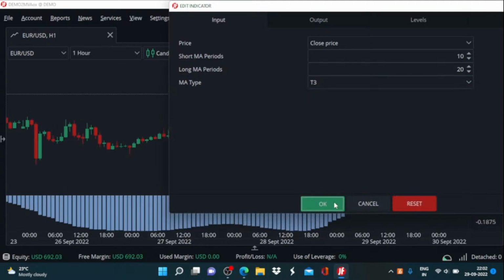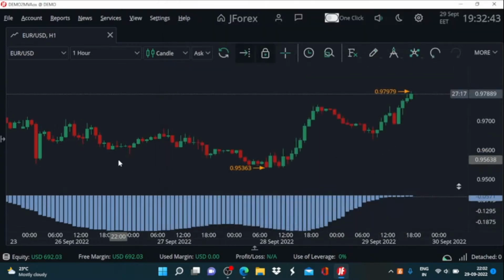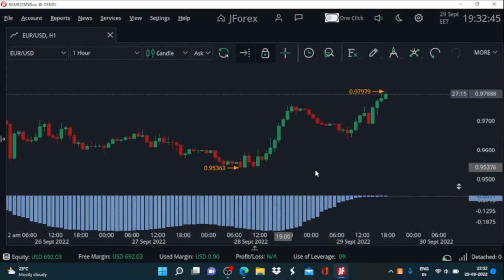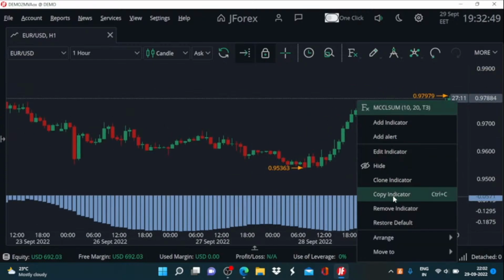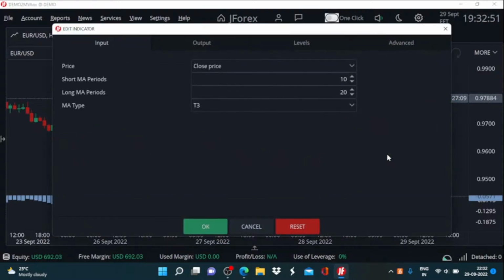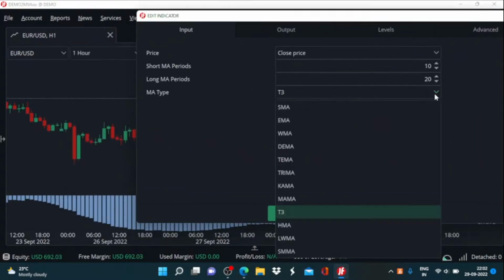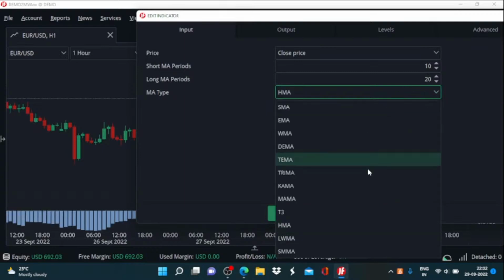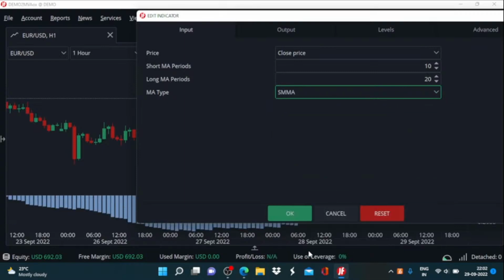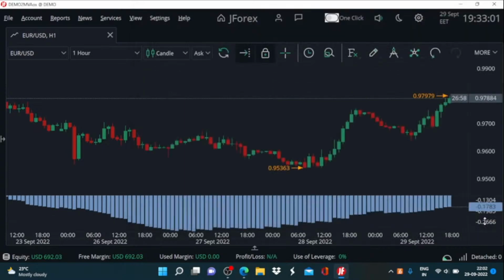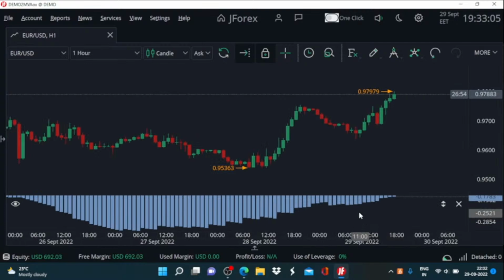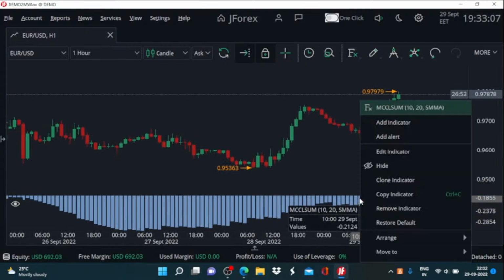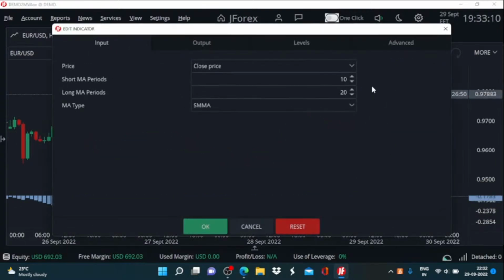With T3, we will have a lot more smoothing when we use T3 as our preferred moving average for the calculation of this indicator. Now we have further options down the list. We can go for HMA, LWMA, SMMA. All these options are there, and the output value is going to vary depending on what kind of moving average you are using.